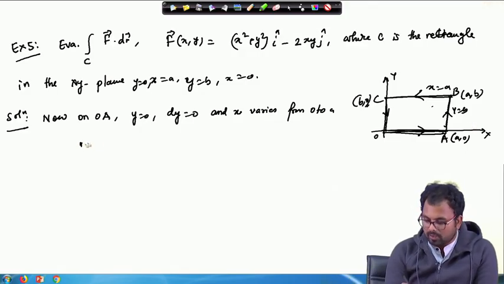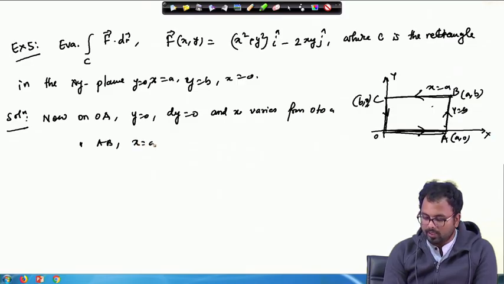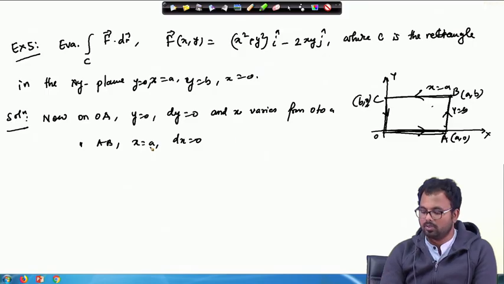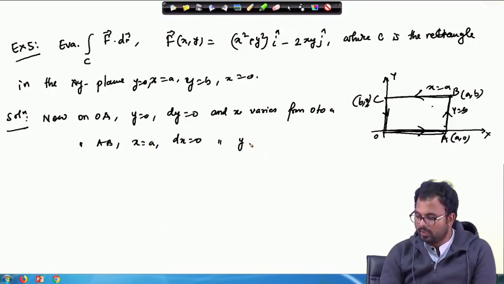Now, on AB our x is a and therefore, dx is 0 because x is constant, and y varies from 0 to b.